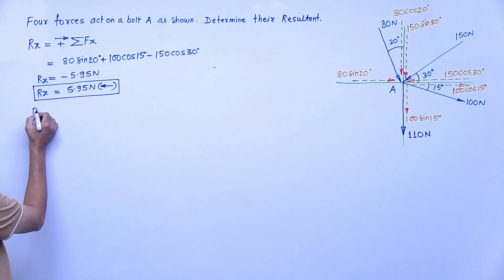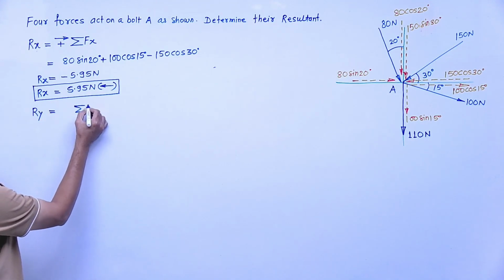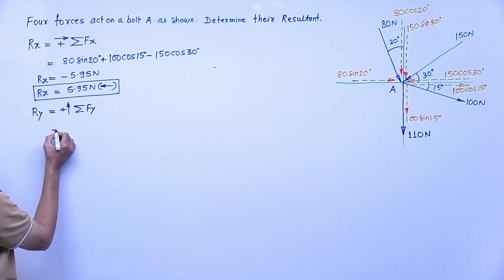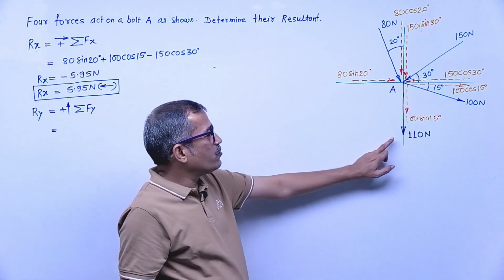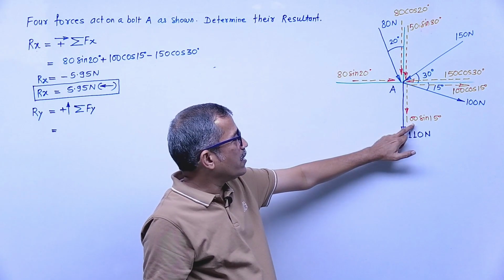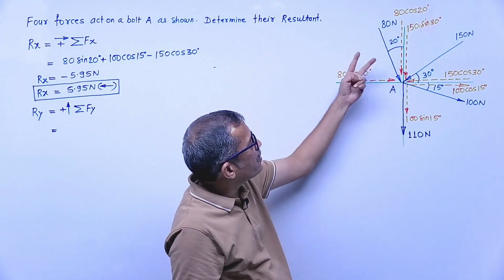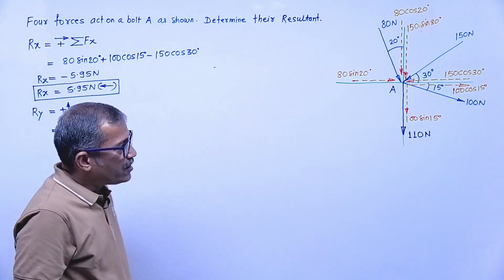Next is the vertical component of the resultant, Ry. We find it from the summation of Fy, assuming vertically upward forces positive. In the vertical direction, 110 is downward, 100 sin 15 is downward, and 80 cos 20 and 150 sin 30 are also downward, so all components are negative.